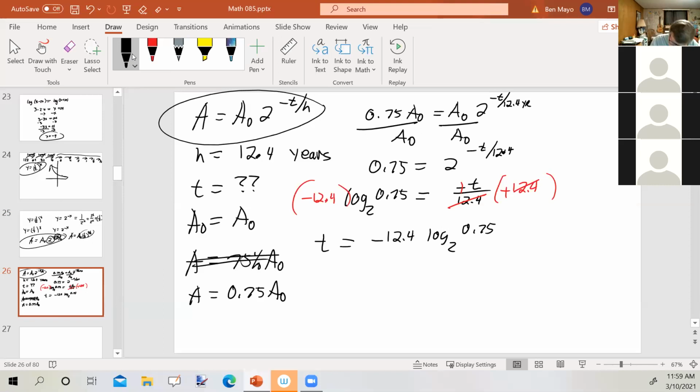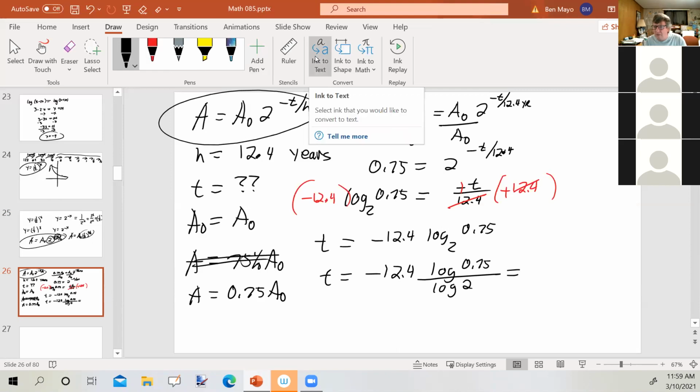Okay. But using the change of base, this would be negative 12.4 times log of 0.75 divided by log of 2 using base 10. Again, I could have used base e instead if I wanted to. So now negative 12.4, and then the log of 0.75, close it up, divided by the log of 2, close it up.